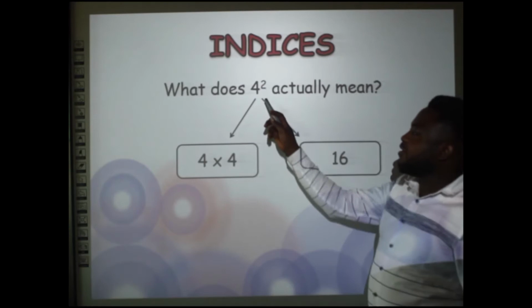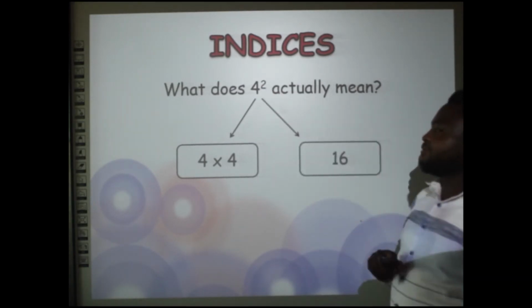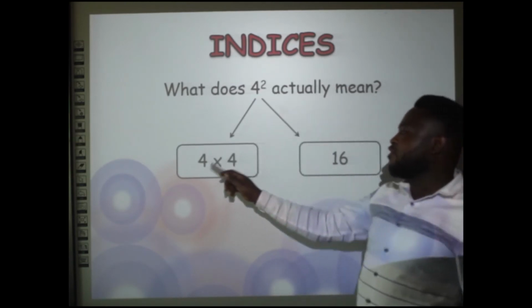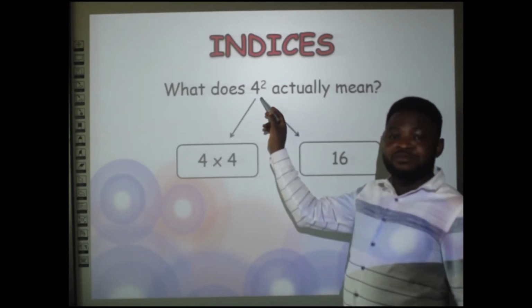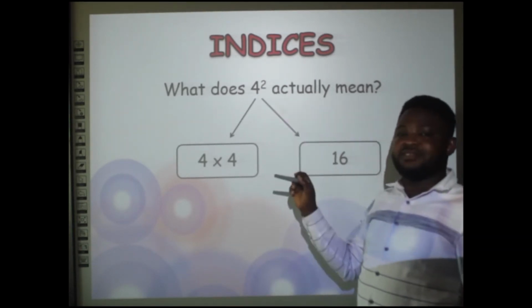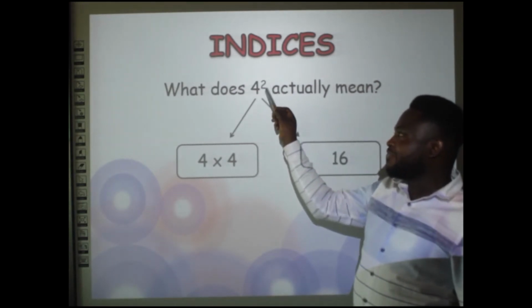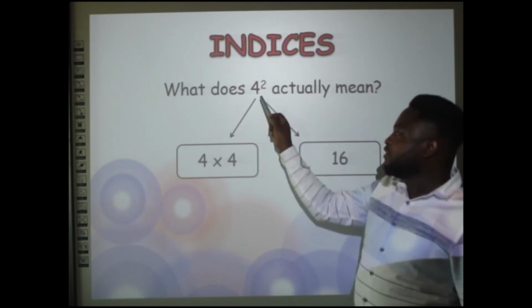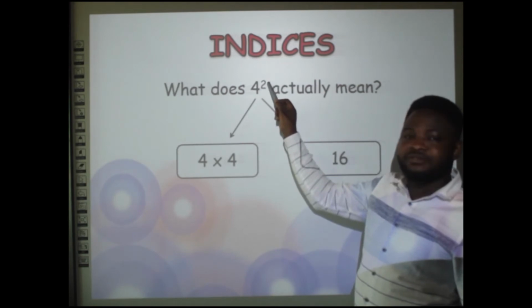What does 4 raised to the power 2 actually mean? It means 4 times 4. That means the base was repeated twice. So 4 raised to the power 2 simply implies you repeated the base, which is 4, 2 times.